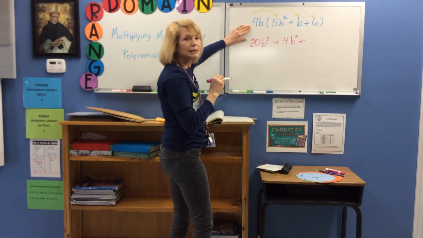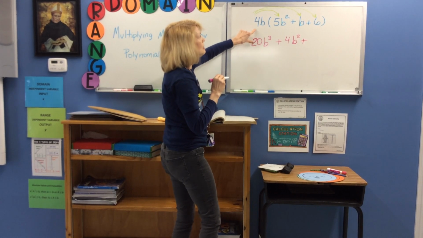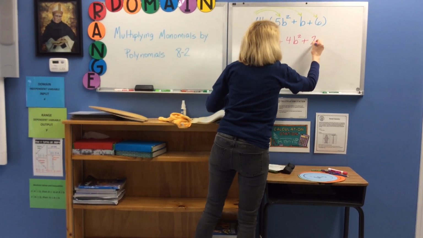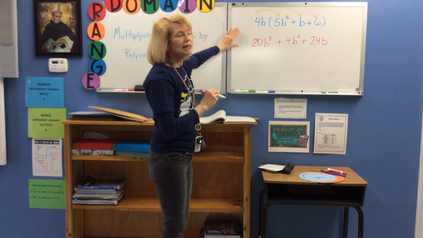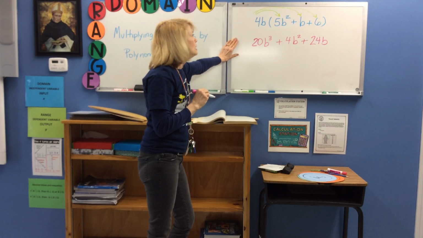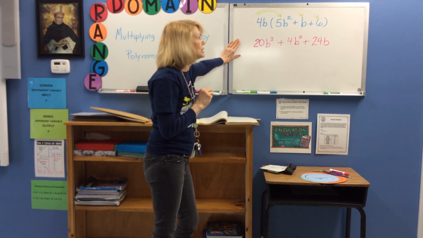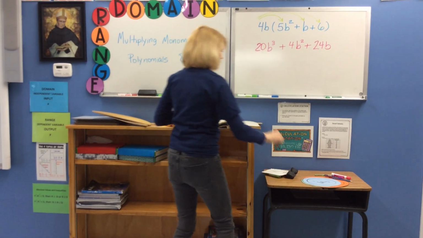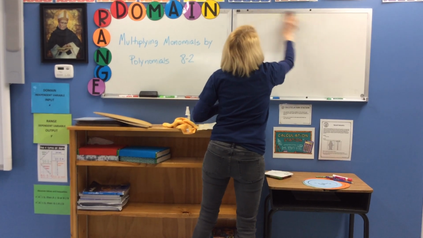Now we have 4b times 6, and I multiply my coefficient and my constant, and I have 24b. So the answer is 20b to the third plus 4b to the second plus 24b. And all we're doing is distributing the monomial to the polynomial.